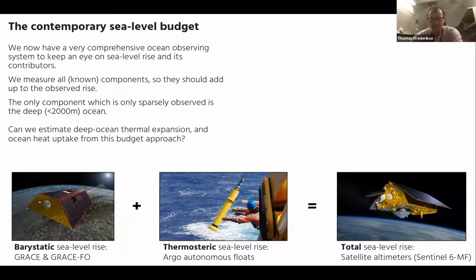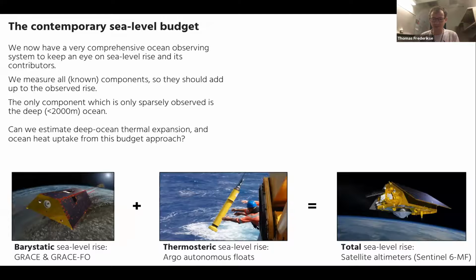The only component that we do not measure, or not measure very well, is what happens in the deep ocean below 2,000 meters, especially the temperature and salinity changes there, because most Argo floats only go to 2,000 meters. But the first initial thought that we had with this reconstruction is, can we estimate deep ocean thermal expansion and deep ocean heat uptake by this budget approach?